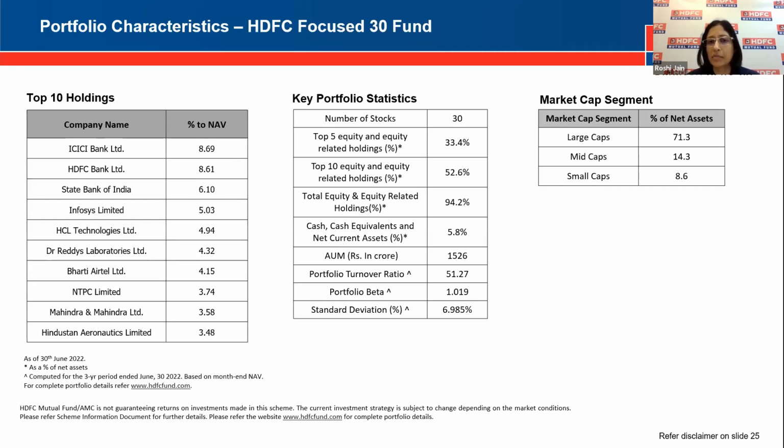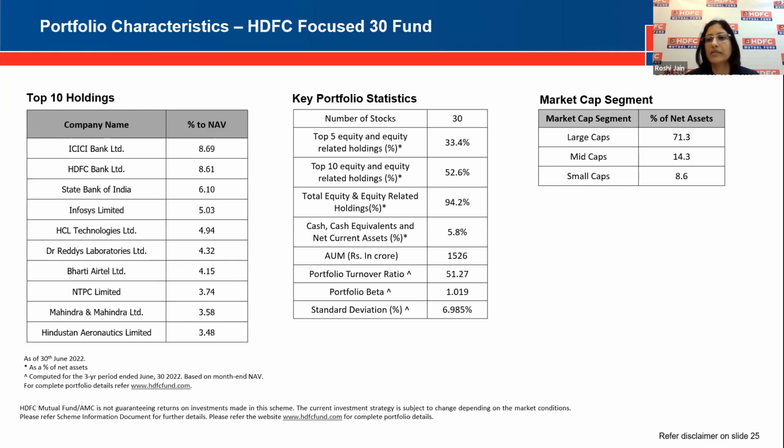And at this point in time, and I had also shown the charts on valuation for both mid caps, small caps, as well as their valuation relative to larger caps. At this point in time, larger caps, of course, on a risk reward basis, appear to be offering a better proposition, and therefore you will see that large caps are a bigger proportion of the portfolio.